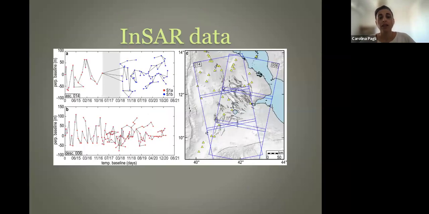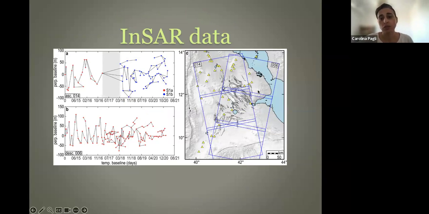Here, how do we combine together all these interferograms that I told you about before? We tend to have the same study area observed in two different geometries: once watching from the west to the east, and again from the east to the west. So two orbits, normally called ascending and descending.